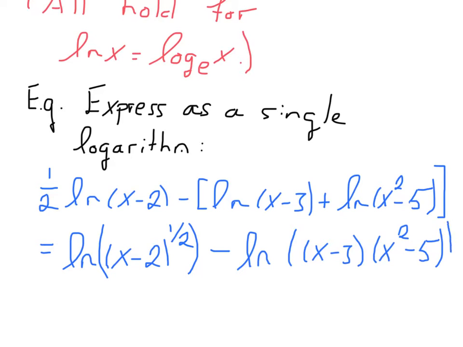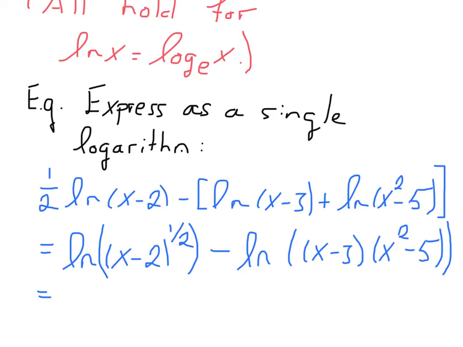And now, what will we do? Well, now we have a difference of two logs, and we can write this as a single log of a quotient. And notice also we have this to the power 1/2, so I could write that as the square root of x minus 2. That's not really necessary.